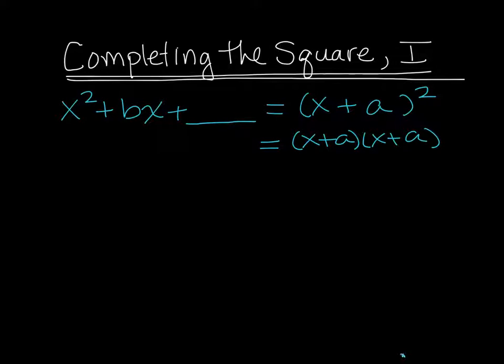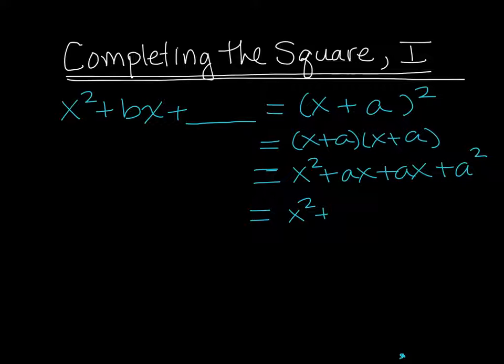And if we expand this, we get x squared plus ax plus ax plus a squared, which is x squared plus 2ax plus a squared.